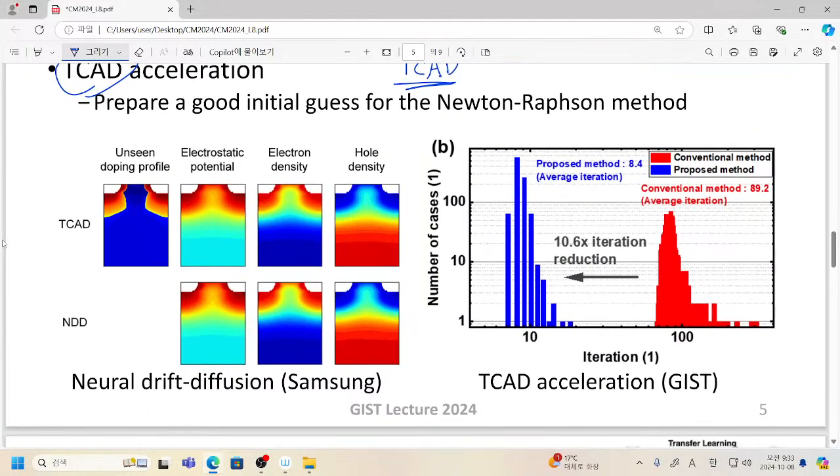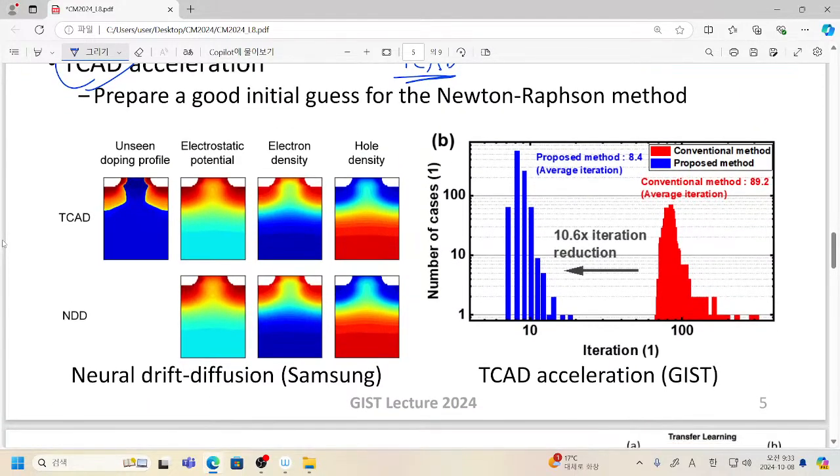in my opinion, actually the best institute or research group working on this field is Samsung. They are nowadays publishing tons of papers about how we can use neural network-like approaches to accelerate TCAD simulation.